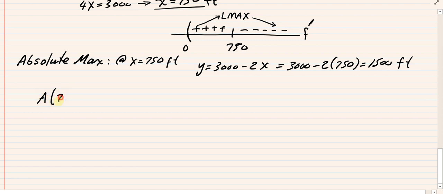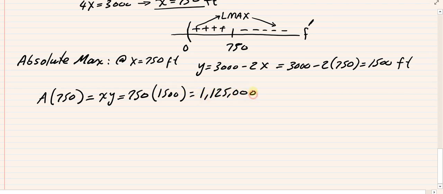The area at 750 is going to be x times y, correct? Which is 750 times 1,500. And that's going to be 1,125,000 square feet. Okay, and there you have it. So it's a pretty reasonable area, huh?